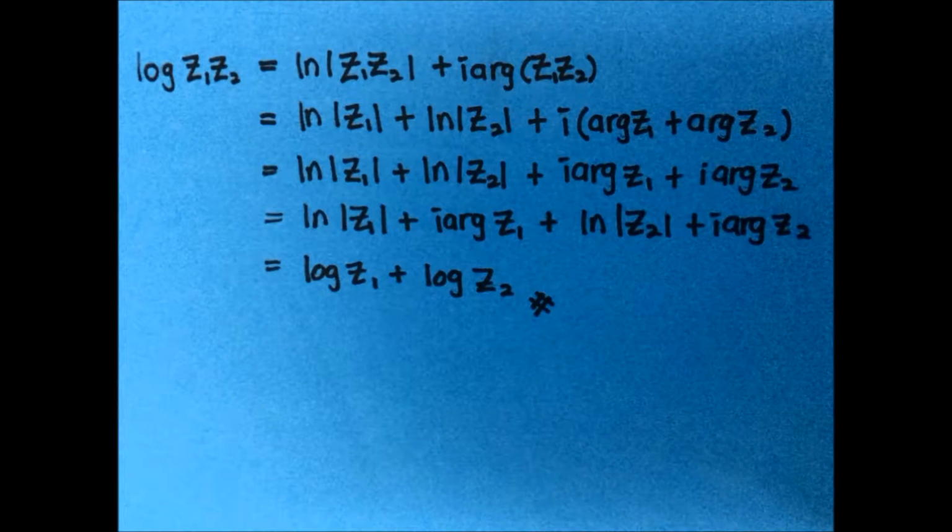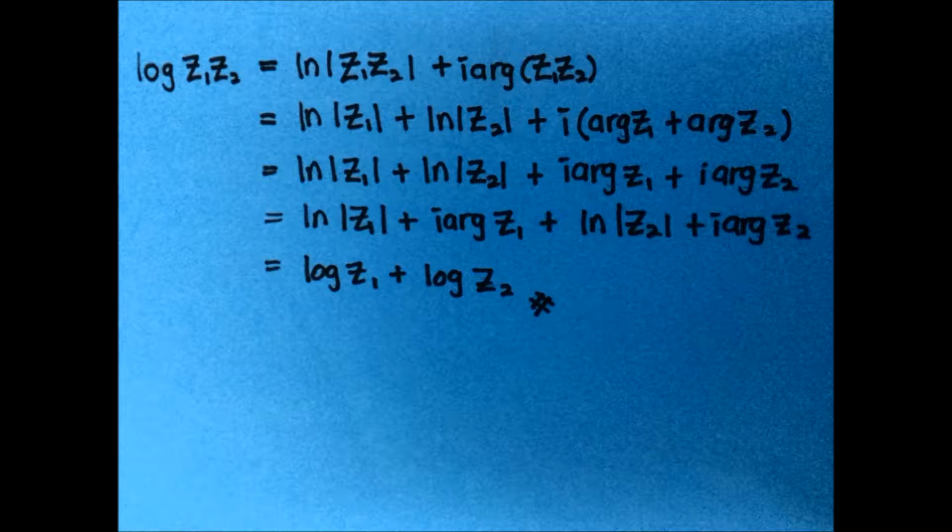Log z1 z2 will be equal to ln absolute of z1 z2 plus i argument of z1 z2. From ln absolute of z1 z2, we can write further as ln absolute of z1 plus ln absolute of z2. For i argument of z1 z2, we can turn it into i argument of z1 plus i argument of z2.